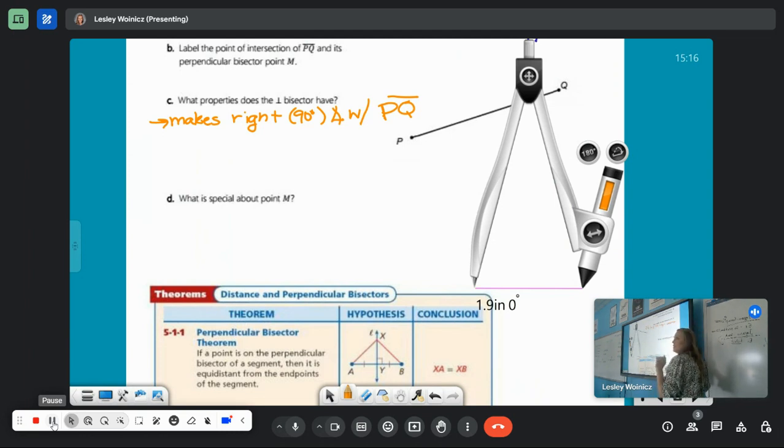What does the perpendicular bisector do to PQ? Yes. Splits PQ into two congruent segments.